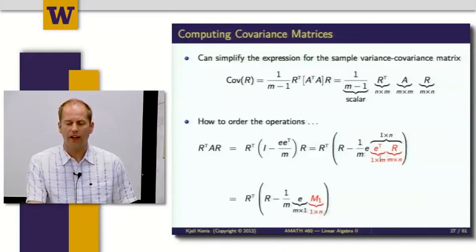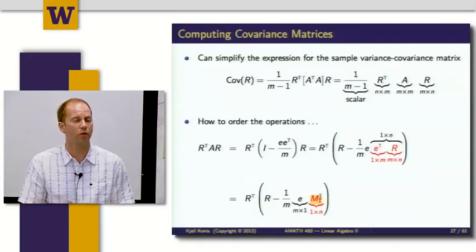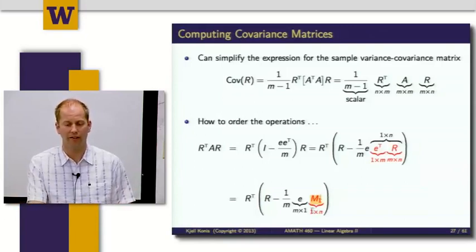And then I'm going to call that M1, and I'll stick that back here. And that's actually pretty small. In my example, when I just had X and Y as the columns, my N was equal to 2. So this M1, even though it's a big M1, is a 1 by 2 matrix. So it only takes me 2 numbers, which is a lot less than M squared.